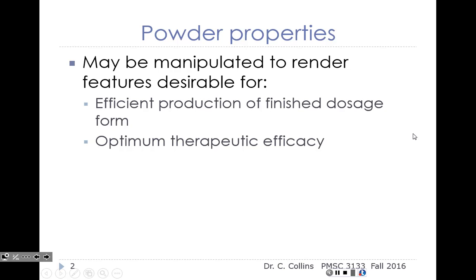And that's easier to do than to compress powder into a solid that will stay in the form of a tablet. So powder properties help make the dosage form and give therapy at optimum values. So we put it into individual drug delivery systems so that the patient can self-administer, and to make it easier to measure out a dose.